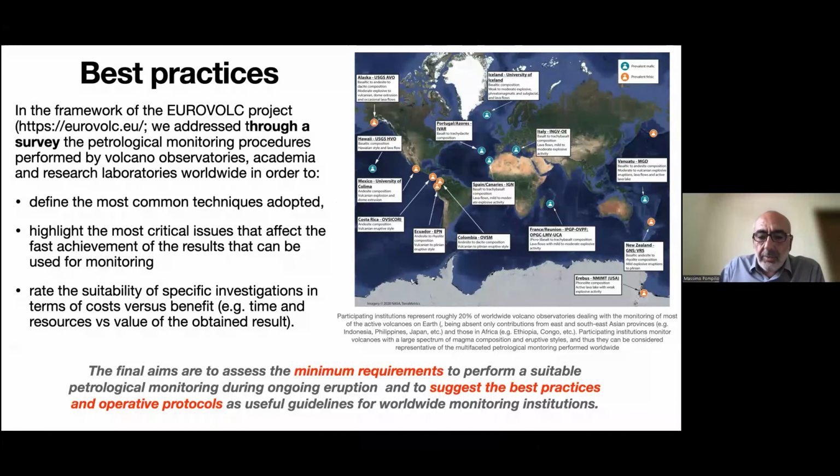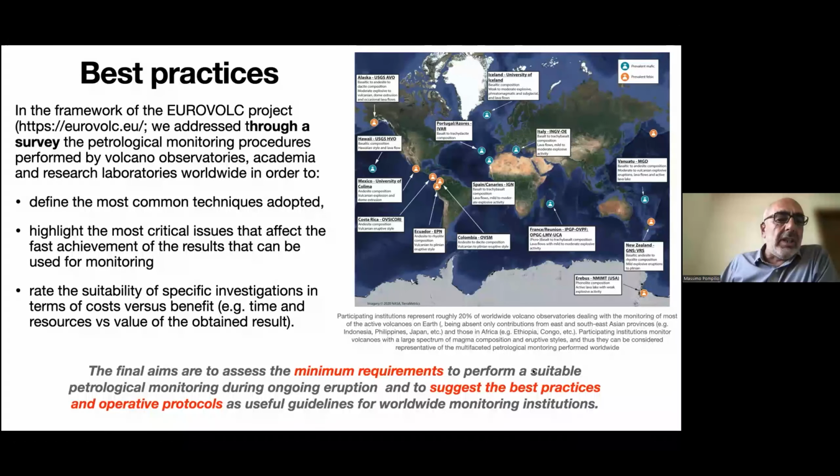The critical part was the absence of contributions from East and Southeast Asia, for example Indonesia, Philippines, Japan, which have a lot of volcanoes, and also Russia, where there are also very dangerous volcanoes. However, we can consider this sample of institutions very representative, because we have a large spectrum of magma compositions and eruptive styles.